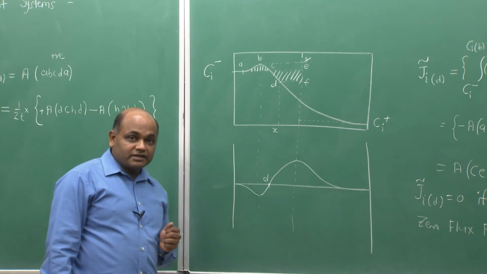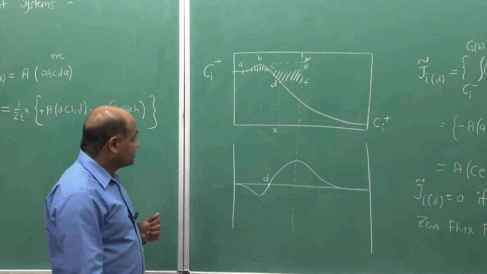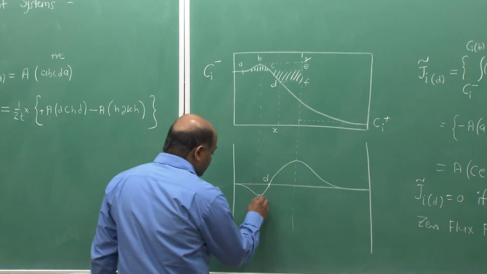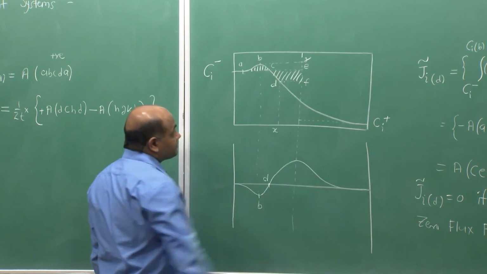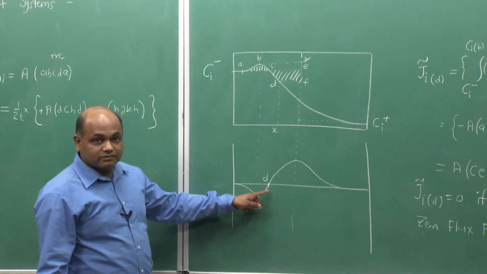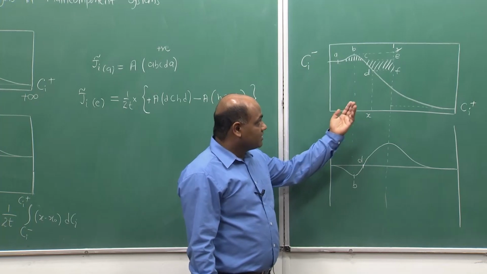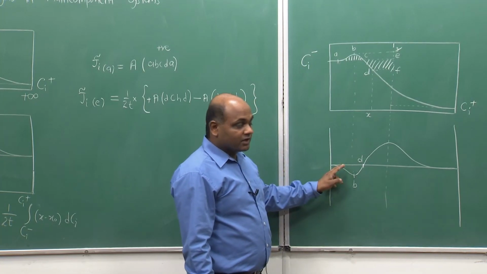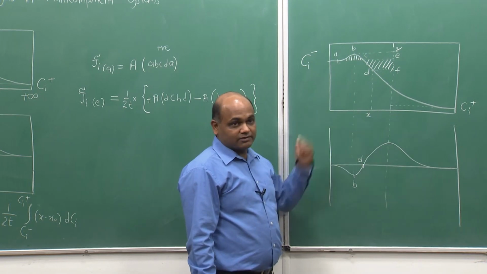This is also apparent from the development of the uphill diffusion region here. So, for example, from point B to D, you can see the flux is negative. That means, in our convention, the component I is diffusing from right to left.